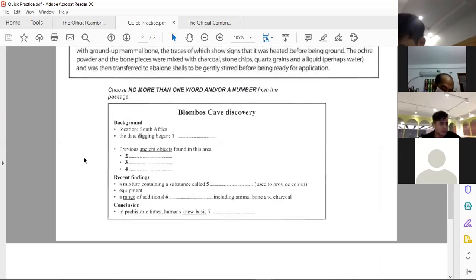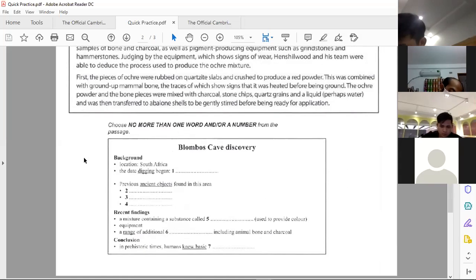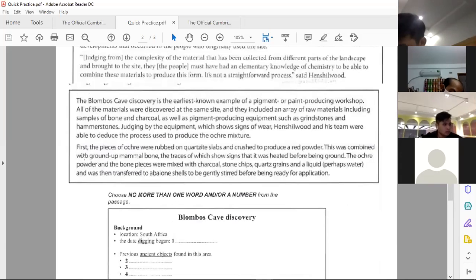Last one, new basic prehistory conclusion. So you know conclusion, where is it? The last paragraph. So what does the word new basic mean?